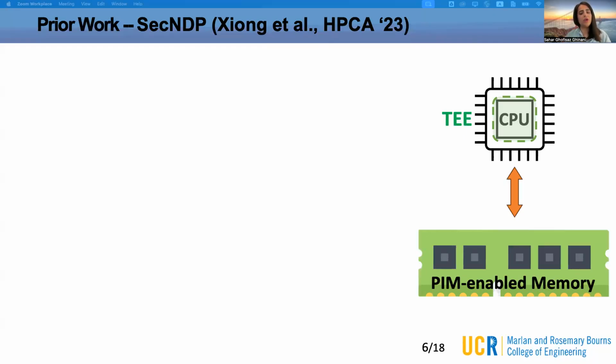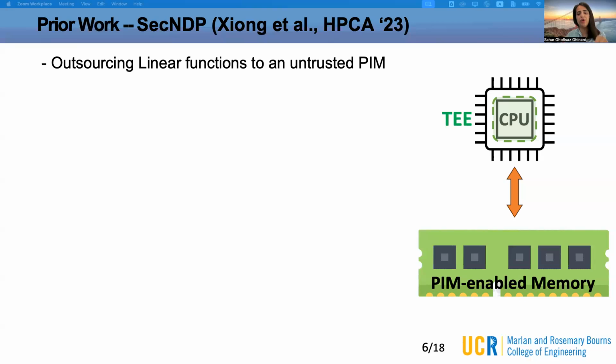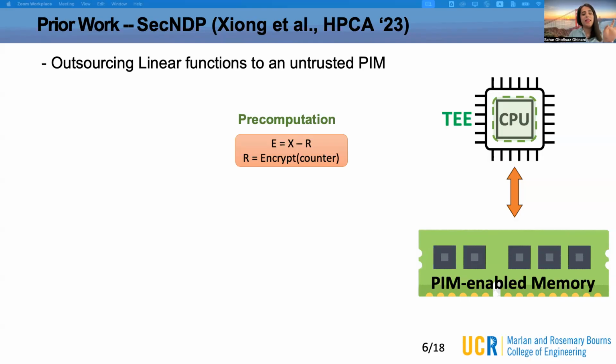Okay, our prior work, SecNDP, tried to address this challenge by securely outsourcing the linear computation to the PIM. So they first encrypt the plain text using counter mode encryption, in which they mask the data with one-time pads. Then this encrypted data is stored in the PIM.